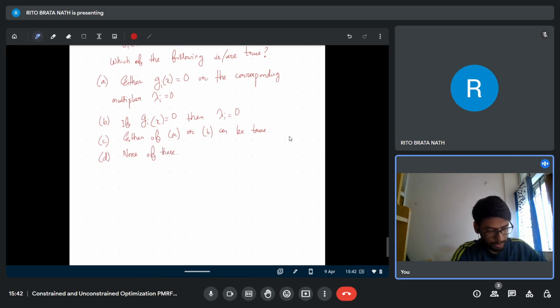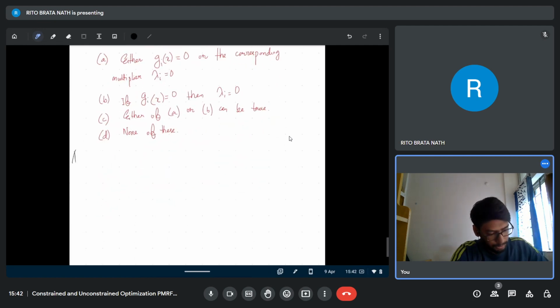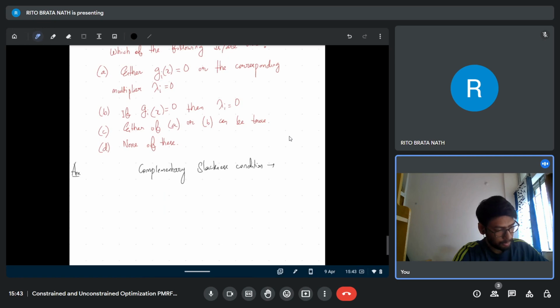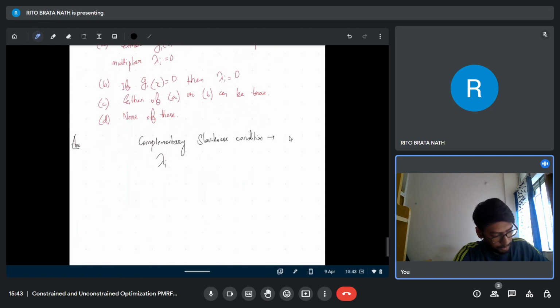Okay, so in this case, this is basically the problem of the complementary slackness condition. So your constraint is g_i(x) less than or equal to 0. So that means lambda_i times g_i(x) equals 0.